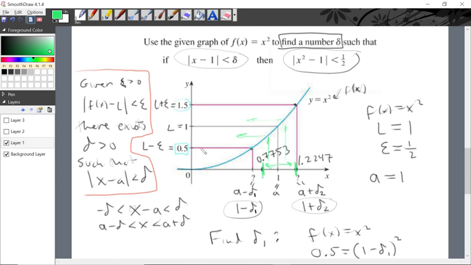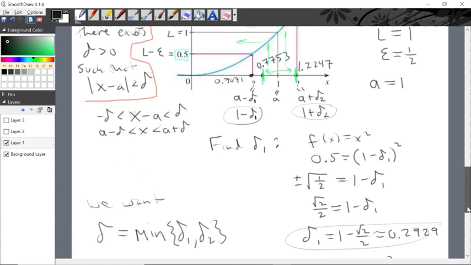In fact, it's going to do a little better than that on the lower bound because it's not even going to get close to 0.5. Remember, this value right here was root 2 over 2, that was 0.7071. If we had selected the larger delta, that would have led us to there.